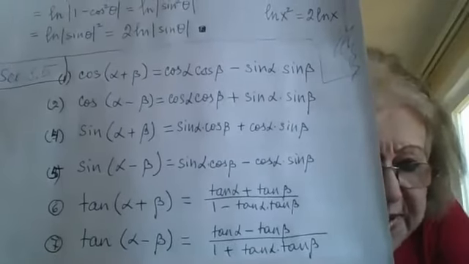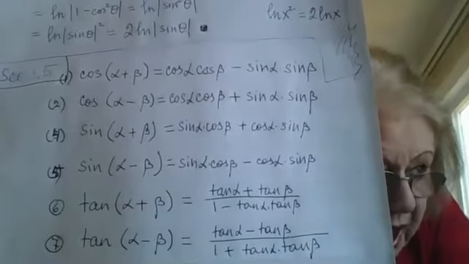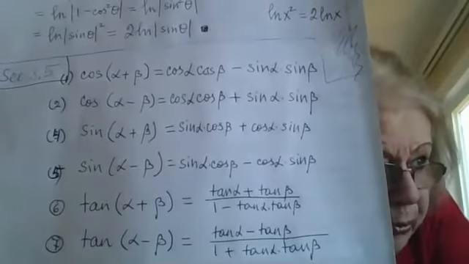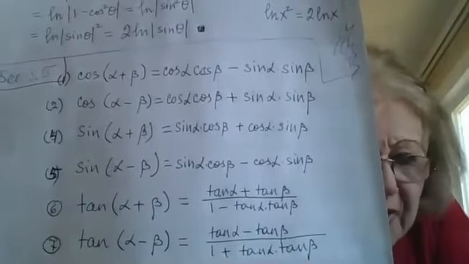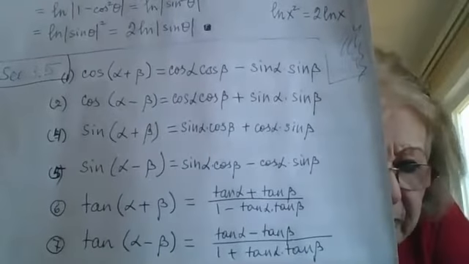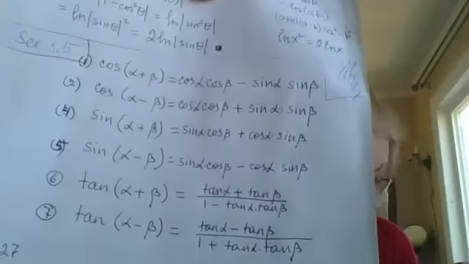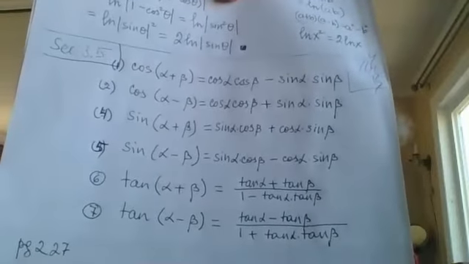If in number 7 you have a difference on the top, with minus connecting the pieces, on the bottom you have 1 plus. So you cannot have plus on the top and plus on the bottom, or minus on the top and minus on the bottom. If you have plus on the top, downstairs you will have minus. If you have minus on the top, downstairs you will have plus. These are formulas which we actually can talk about.